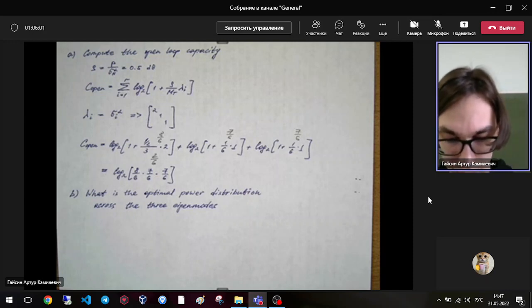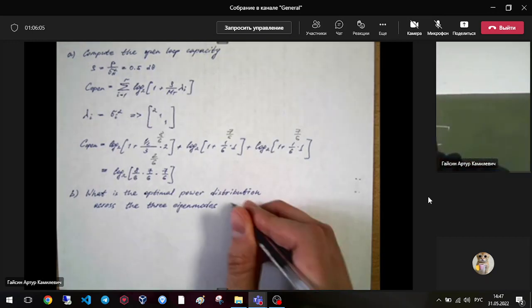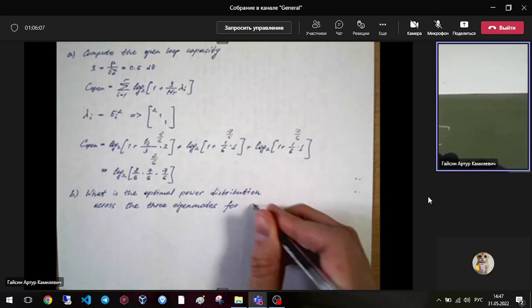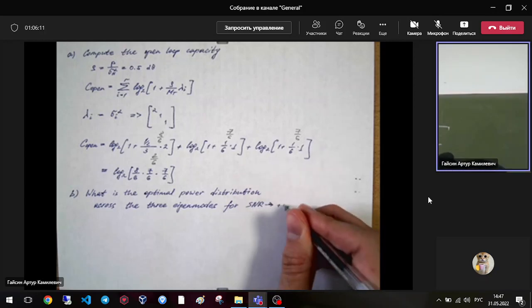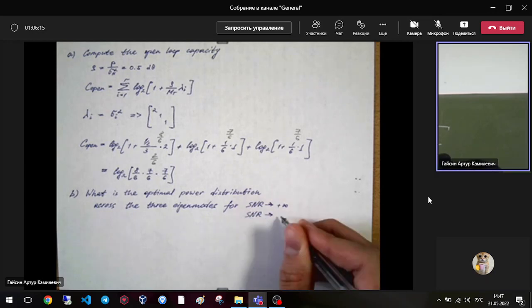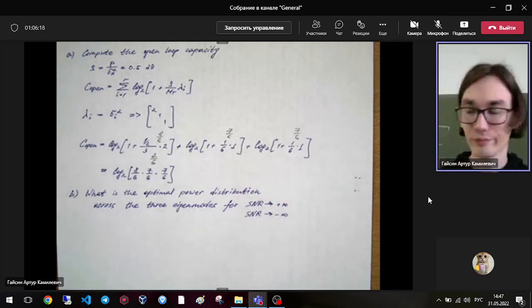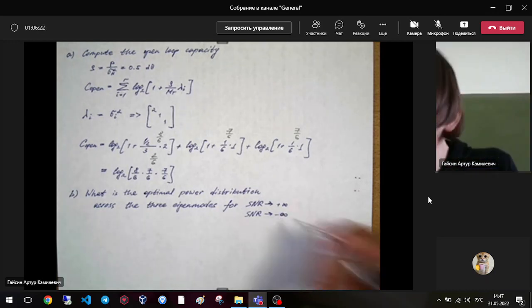And second case, when signal to noise ratio goes to minus infinity. So for SNR goes to plus infinity, and SNR goes to minus infinity. Two extreme cases.